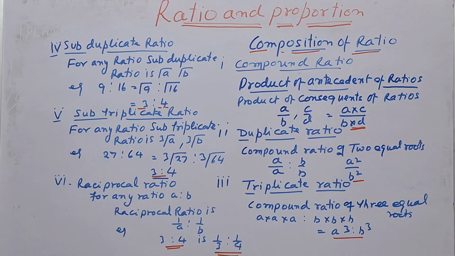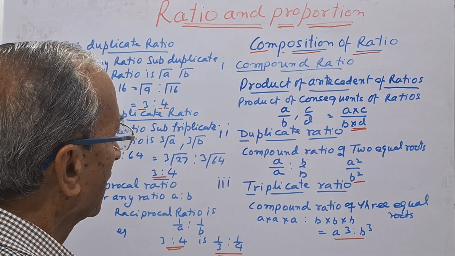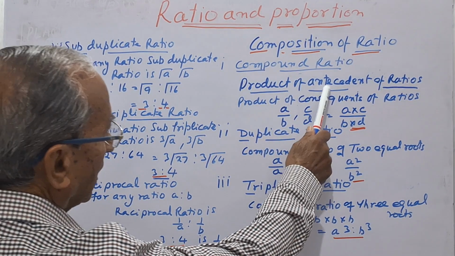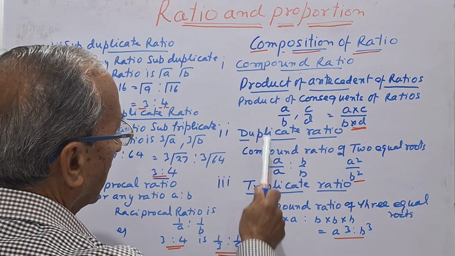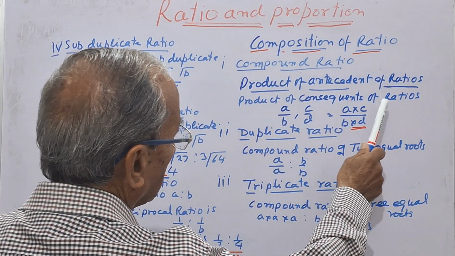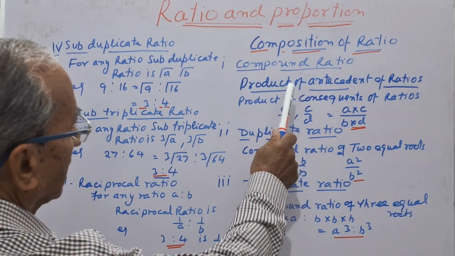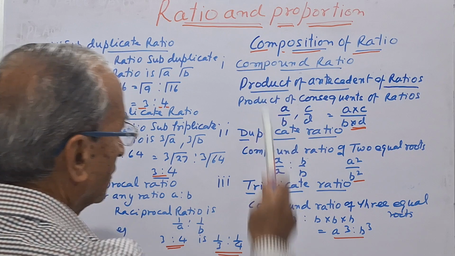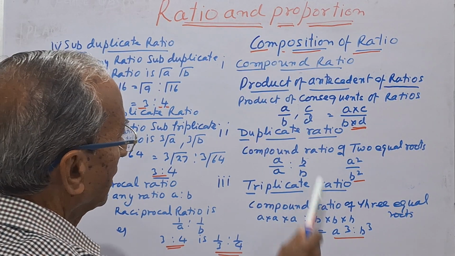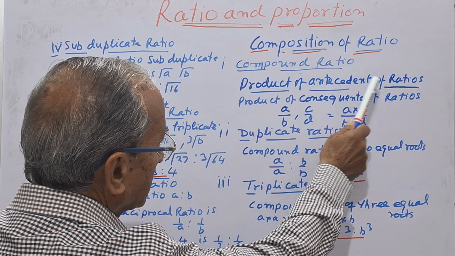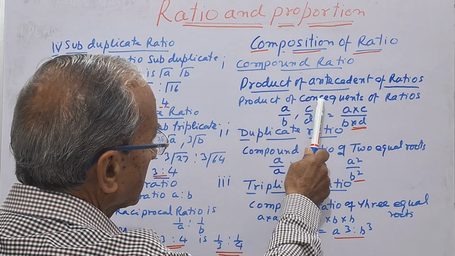That is, in two or more ratios, the product of the antecedents of the ratios and the product of the consequents of the ratios is known as the compound ratio. So compound ratio is the ratio of the product of antecedents divided by the product of the consequents.